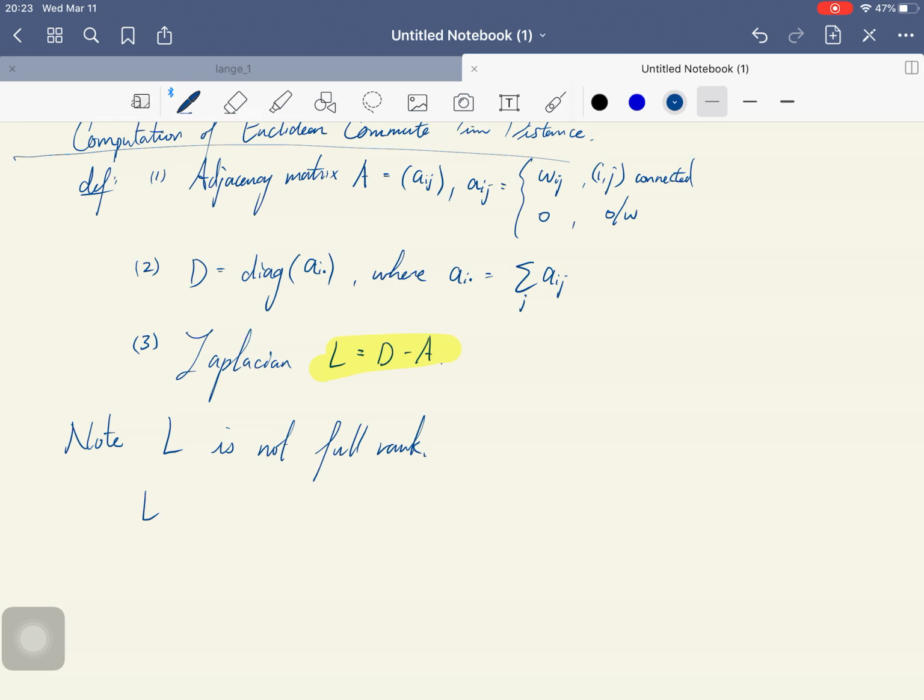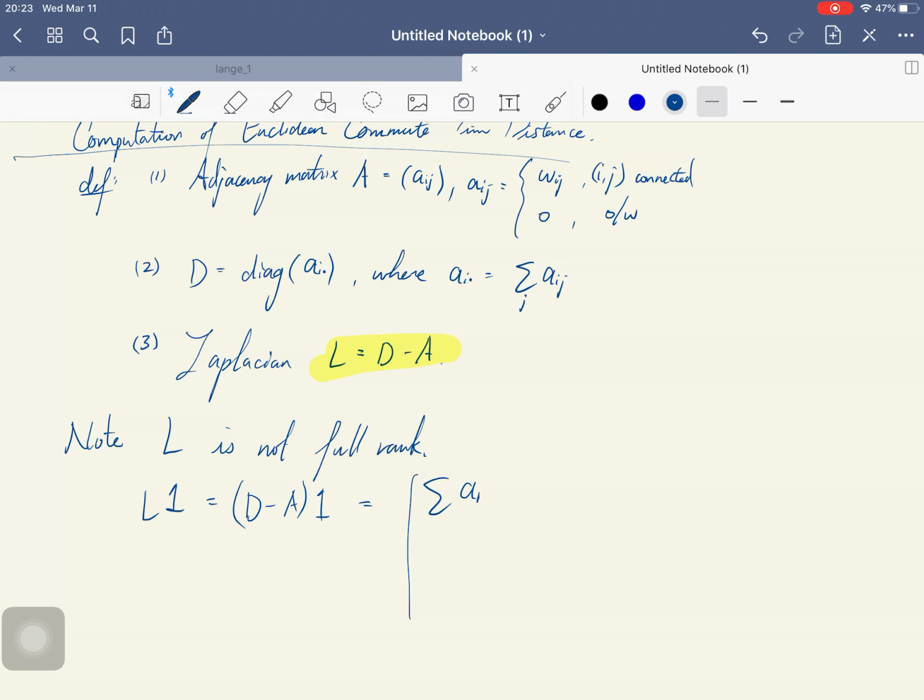Why is that? Because L times 1, where 1 is just a vector of 1s, is equal to D minus A times 1, right? Let me just write out everything. What is D?